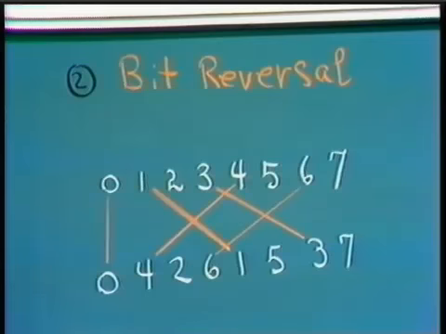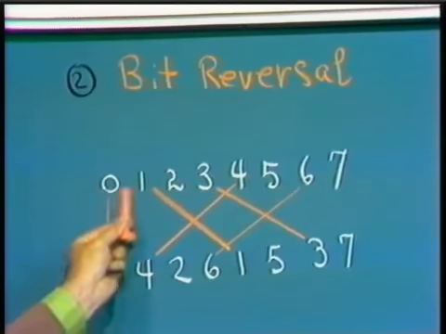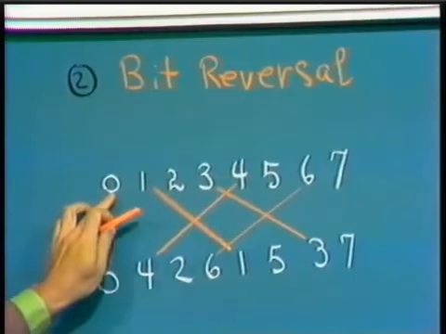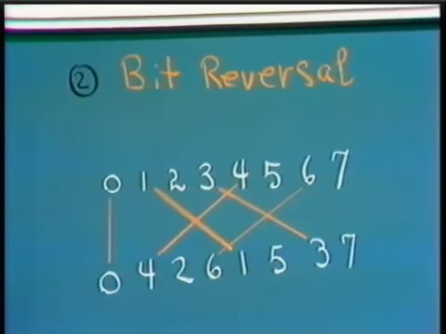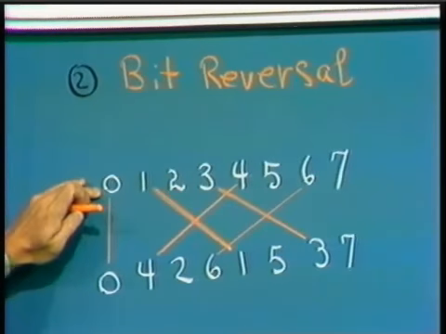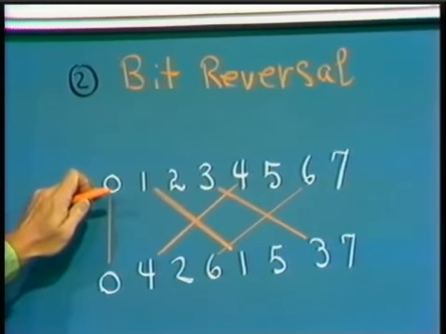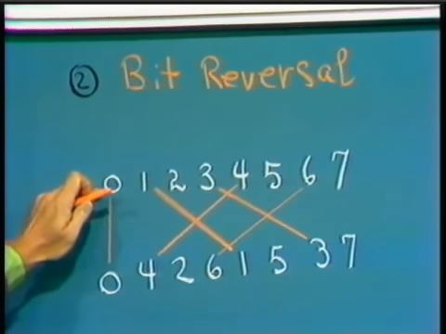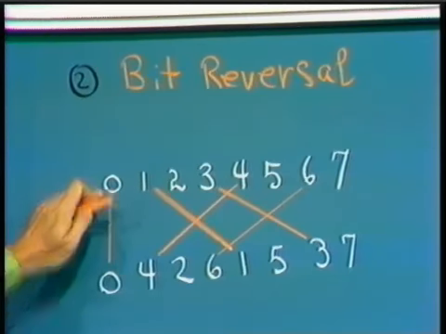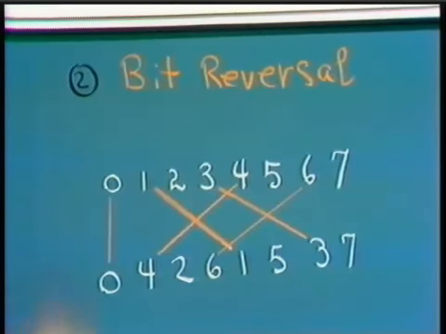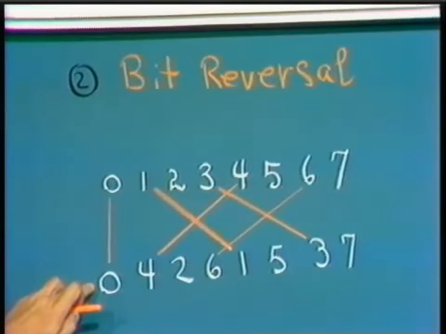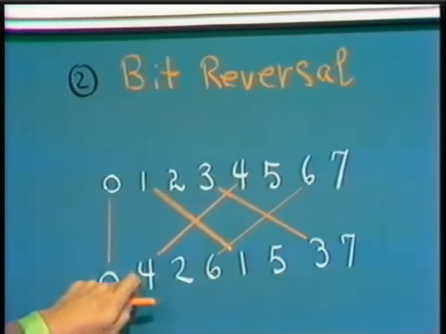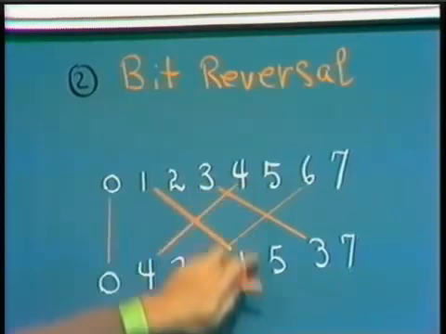In particular, suppose that we had the 7 data indices, 0 through 7, and we want to rearrange this data so that the data is arranged in bit reversed order. Well, that means that, of course, 0 bit reversed is 0. 1 bit reversed is 4. But, of course, 4 bit reversed is 1.